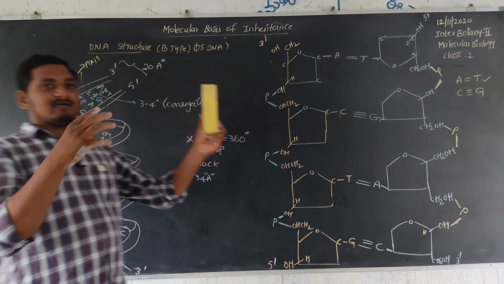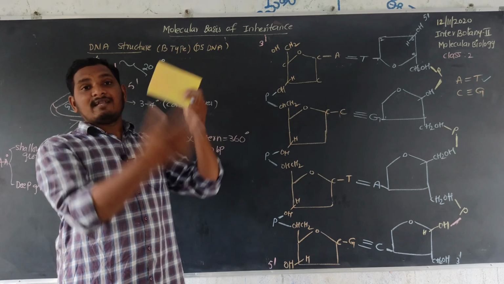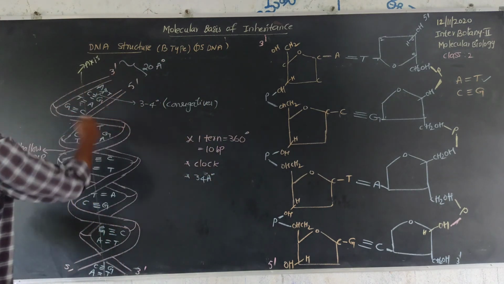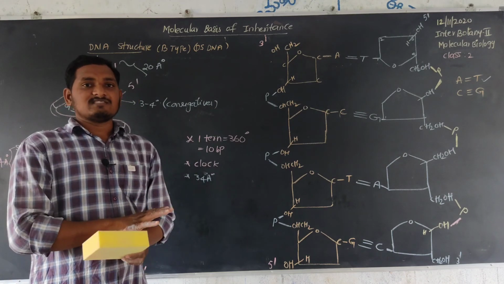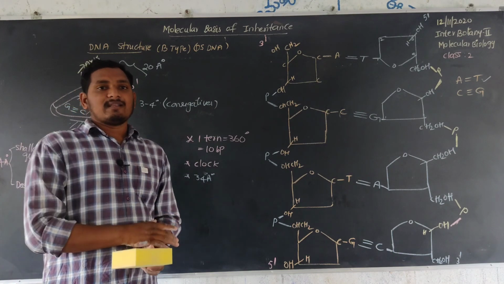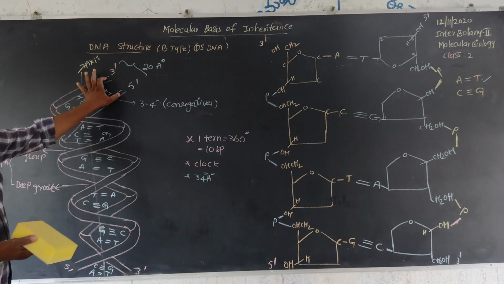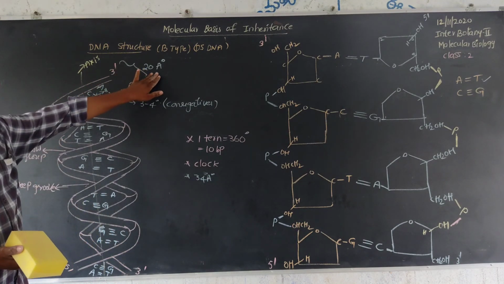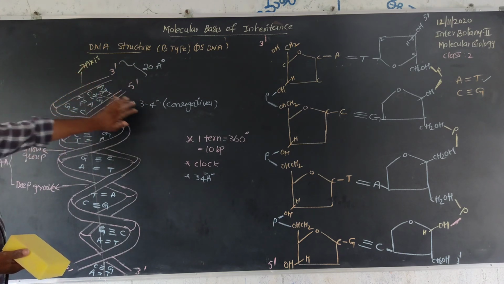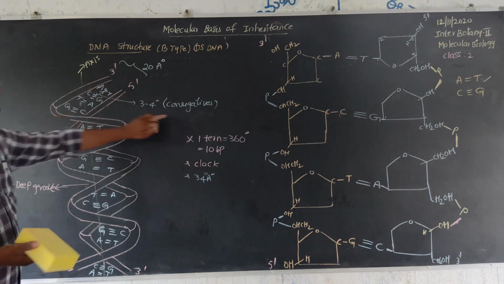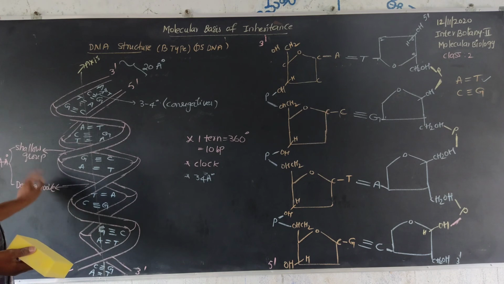Both strands are anti-parallel to each other, both are coiled, but they do not cross each other. They only run in anti-parallel directions. The distance between the two strands is 20 angstroms. Between one nitrogen base step and the next is 3 to 4 angstroms, so they are consecutive. The small groove is the shallow groove, and the deeper groove is the deep groove.